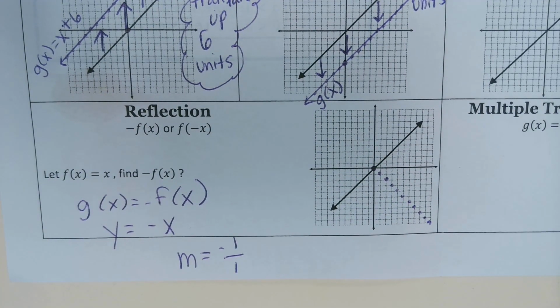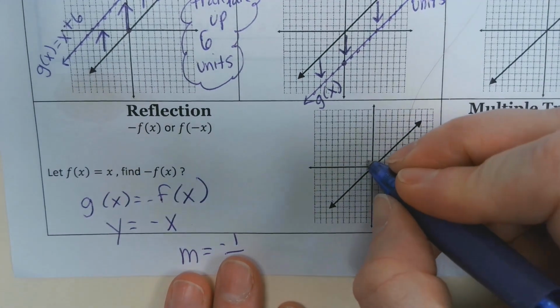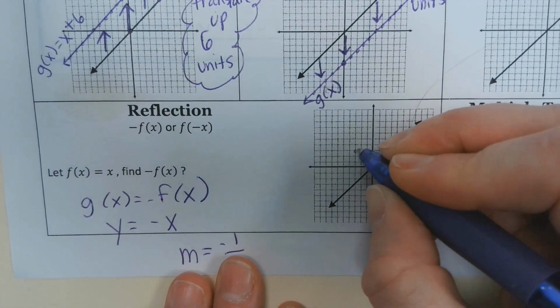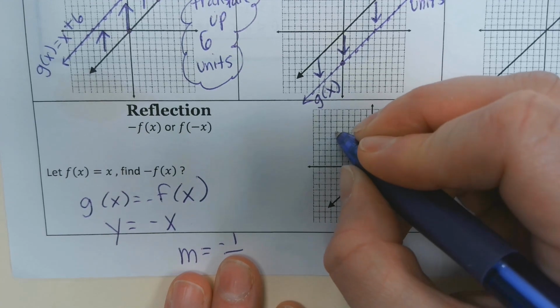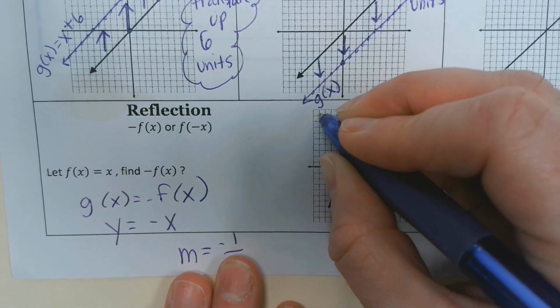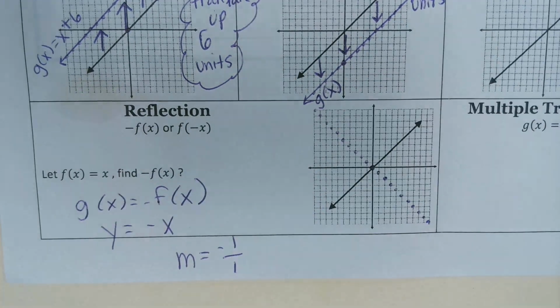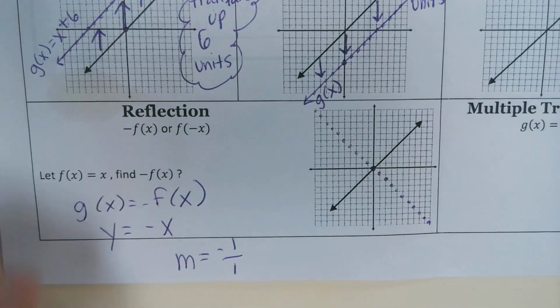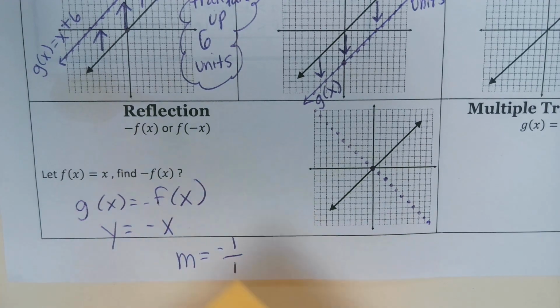And then go up 1, left 1 to get the other pretty points, all in a line. Connect your dots, make your line.